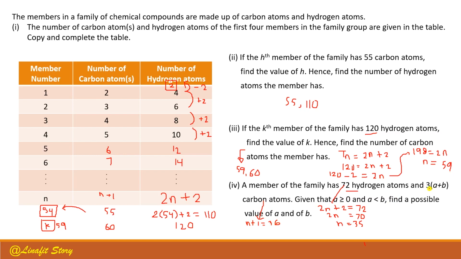3(A plus B) carbon atoms. 3(A plus B) is equal to 36. So A plus B is equal to 36 divided by 3, which is equal to 12.